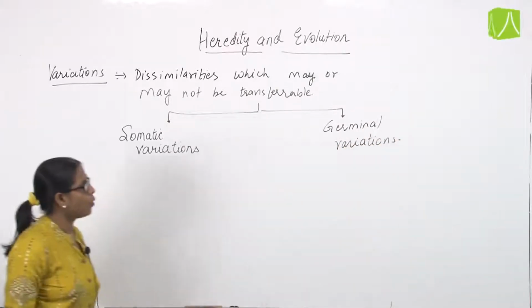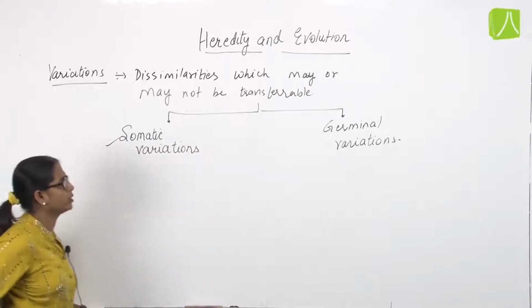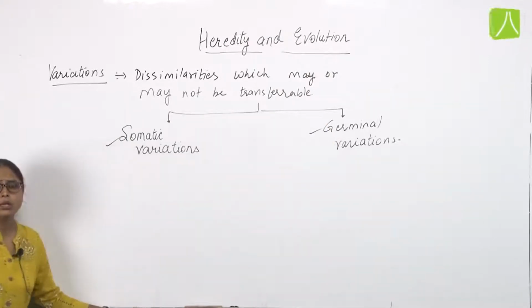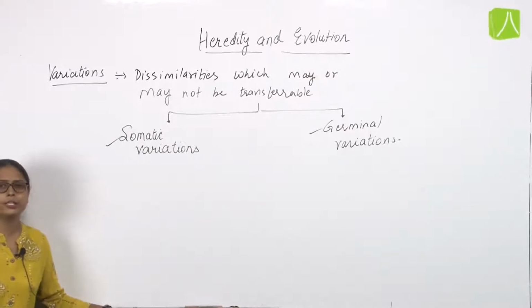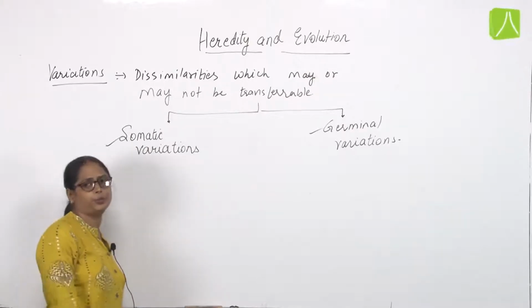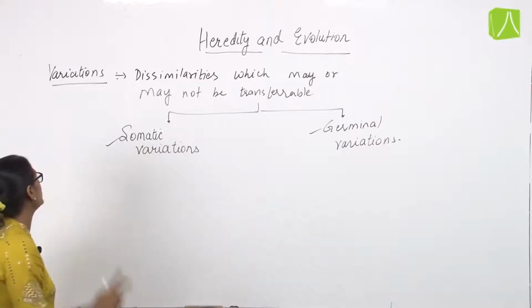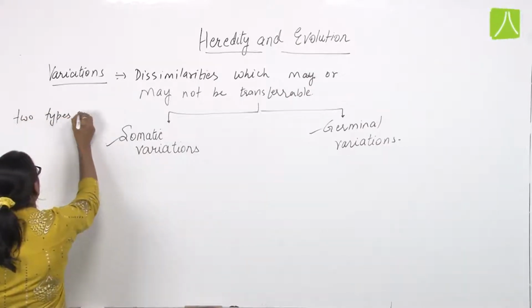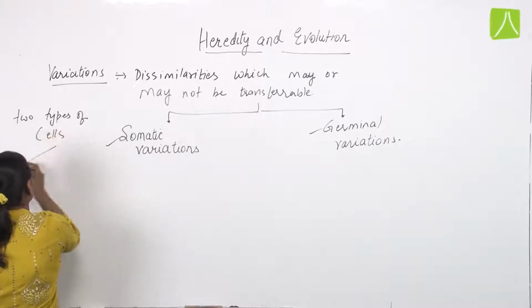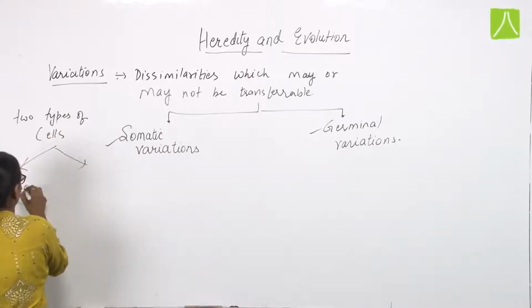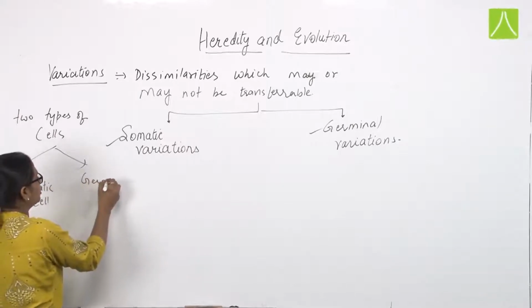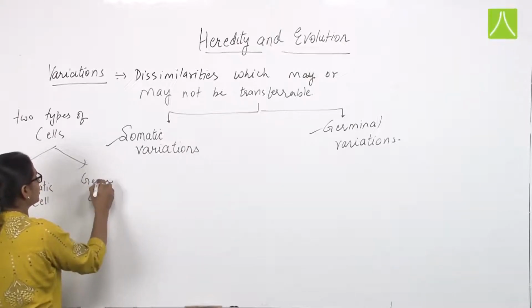Fine. Now what is all this about somatic and what is germinal? As we all know, in all organisms, whether it is a plant, an animal or a human being, we have two types of cells: the somatic cell and the germ cell.